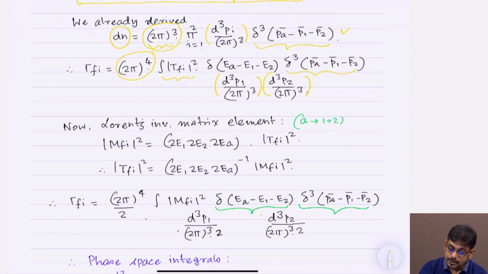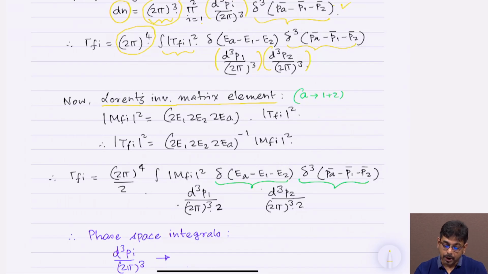Now, let us rewrite this whole quantity in terms of the Lorentz invariant matrix element. If I want to rewrite this in terms of M_fi squared, what is the relation between M_fi squared and T_fi squared? It will be related with the energies 2E1, 2E2 into 2EA.